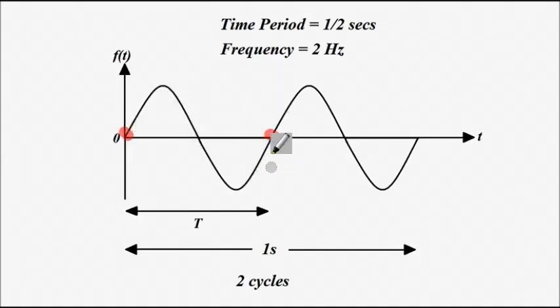From this point to this point, again, it represents one complete cycle. So the time period is the time taken by the signal to complete one cycle. Here this is capital T, which is the time period. And frequency is the number of such complete cycles in 1 second.